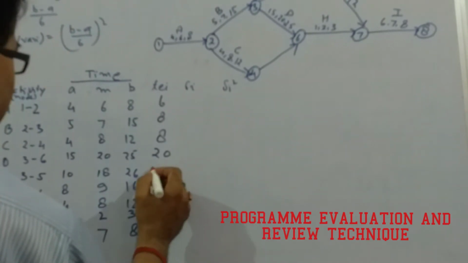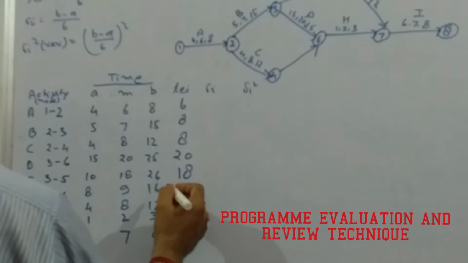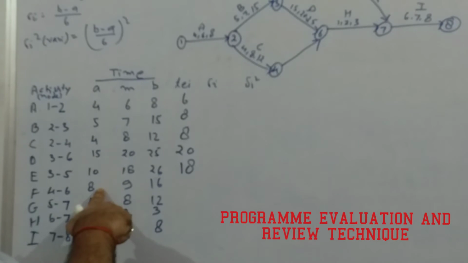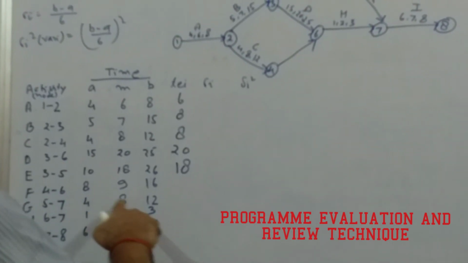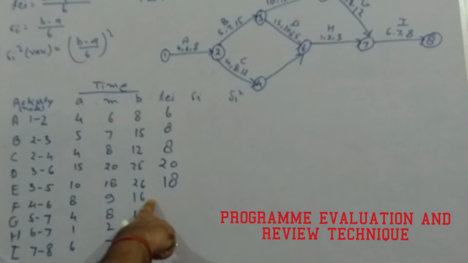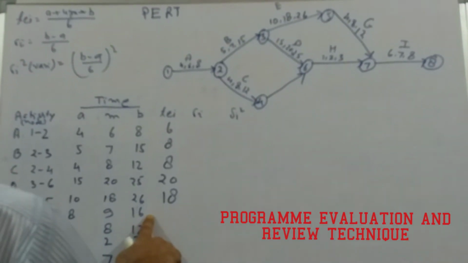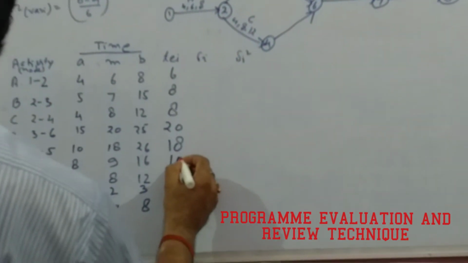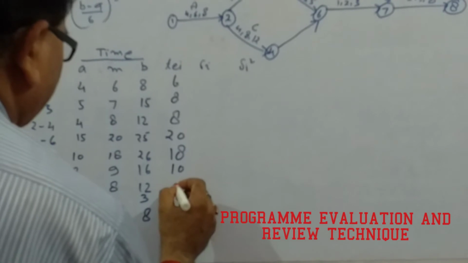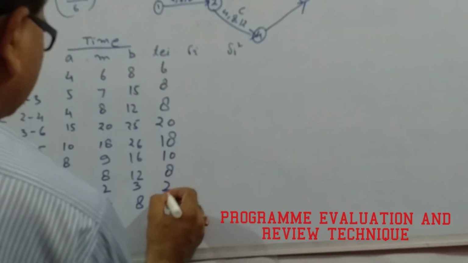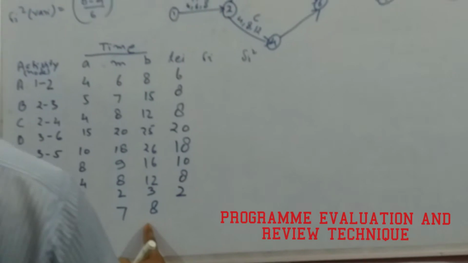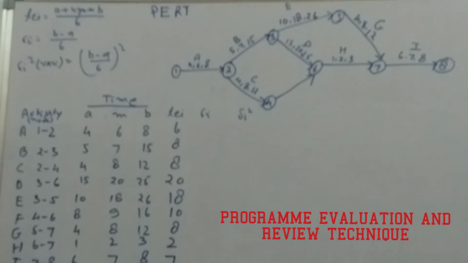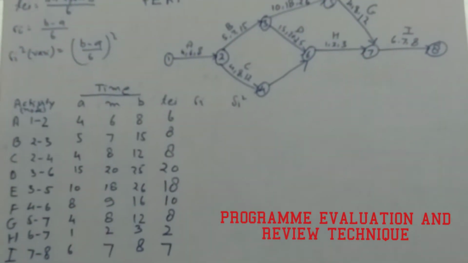Here it is 10. Now here again, 9 fours are 36 plus 8, that is 44, plus 10, 54, plus 6, that is 60. So 60 by 6, that is 10. And in the same fashion here it will come 8, 2 and 7. That's how we can calculate the expected time for each activity.